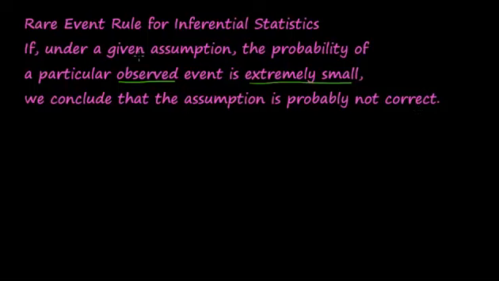So you've made an assumption, you observe something that happens, and you calculate that its probability of happening was very, very small. So in other words, did you just see a rare event? Or was this assumption incorrect?